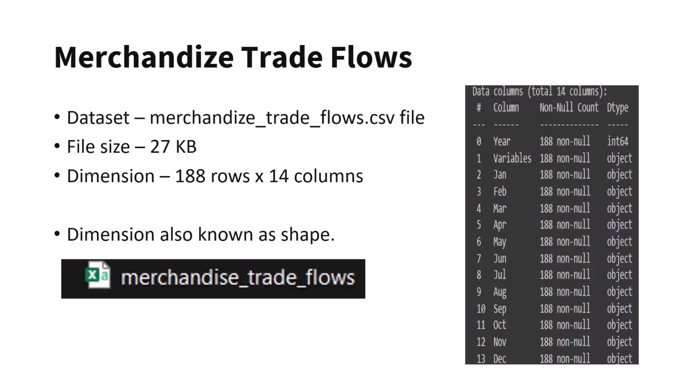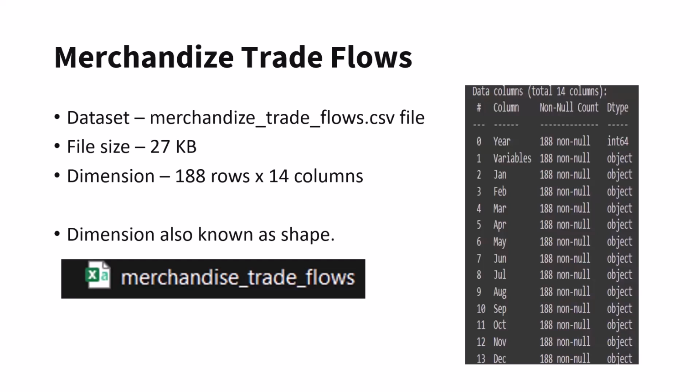So we looked at the merchandise trade flows data set, and the data set size was 27 kilobytes with dimensions of 188 by 14. So it means that the data set contains 188 rows and 14 columns.